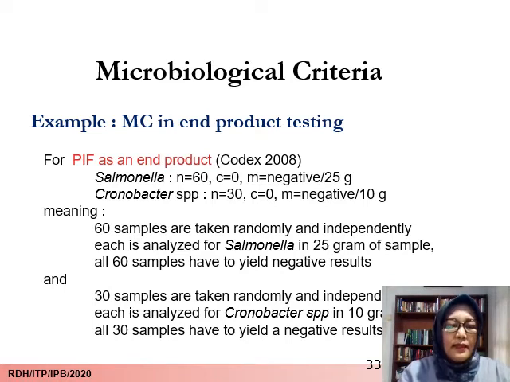So the standard for Salmonella means that you have to take 60 samples randomly and independently, and each is analyzed for Salmonella in 25 grams of sample, and all 60 samples have to yield negative results. Now, can you tell me what the standard for Cronobacter spp means?